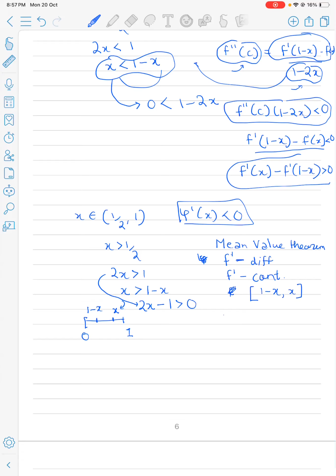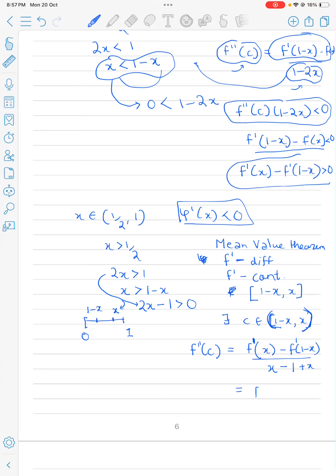So then it will give me there exists c belongs to 1 minus x to 2x. This is a round bracket. Such that f double dash c is equal to f dash 2x minus f dash 1 minus x by 2x minus 1.